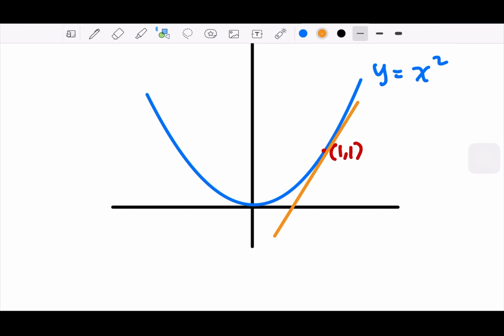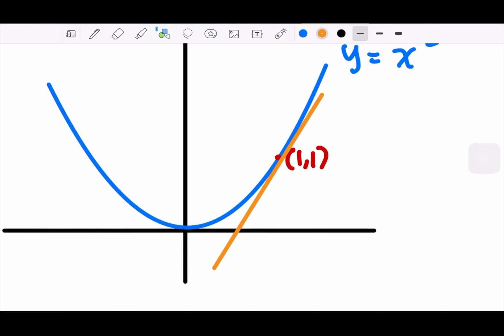I think I drew too small, let me draw this a little bit higher. Okay, maybe around that. So let's say this is our tangent line at the point 1, 1.